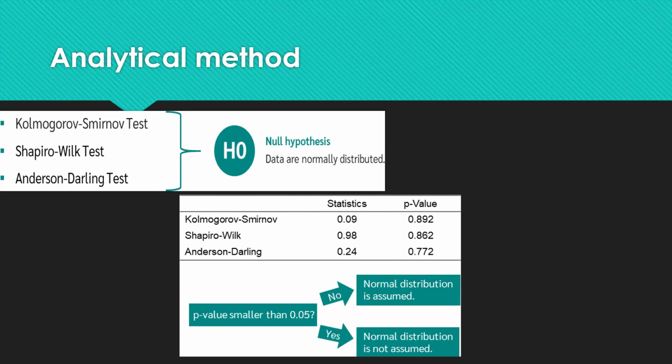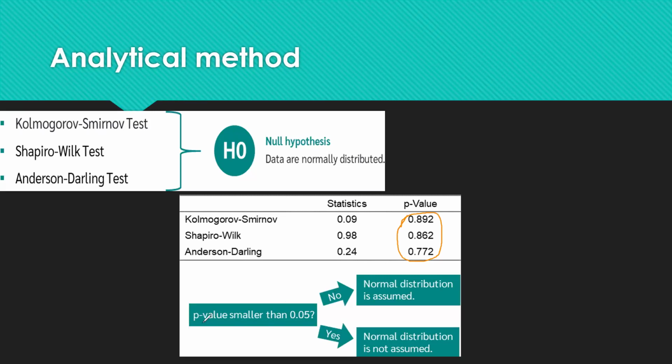So if you obtain your table and you observe that your p-value is less than 0.05, that is smaller than 0.05, then it means that the data is not normally distributed. But if it is greater than 0.05, it means that the data is normally distributed.